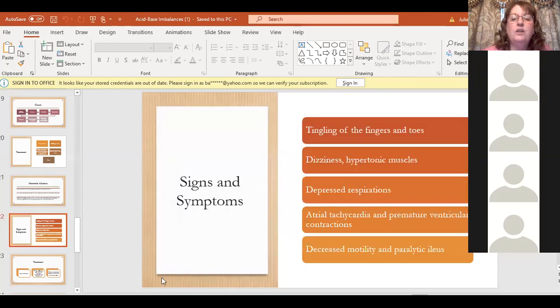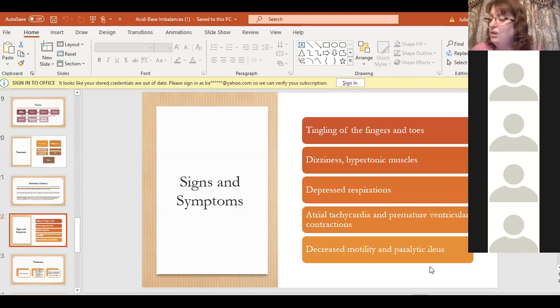You could have decreased motility and a paralytic ileus as a result of this. This person could have lots of nausea or vomiting and diarrhea. They could have dysrhythmias because of the low potassium, anxiety, seizures, anything like that.